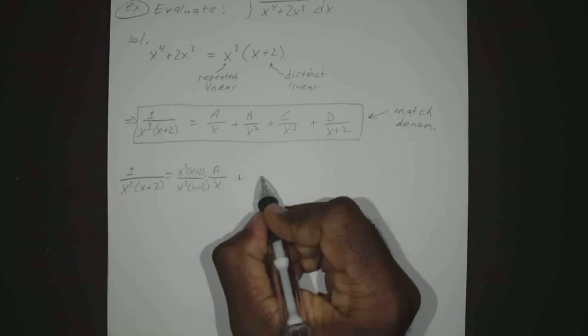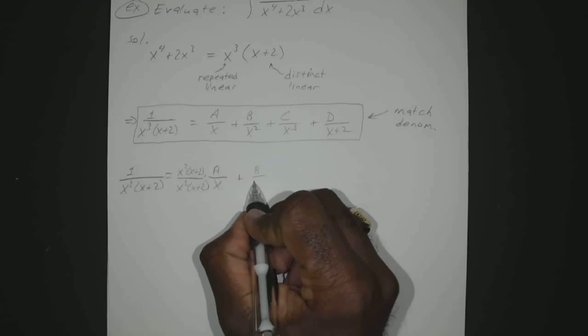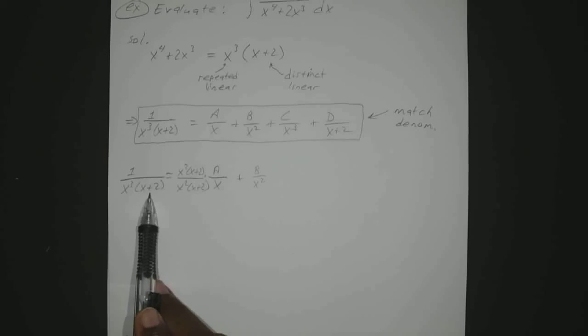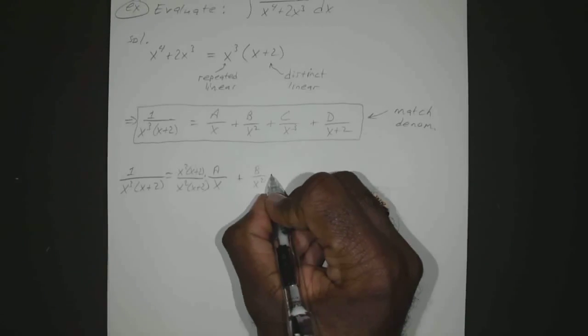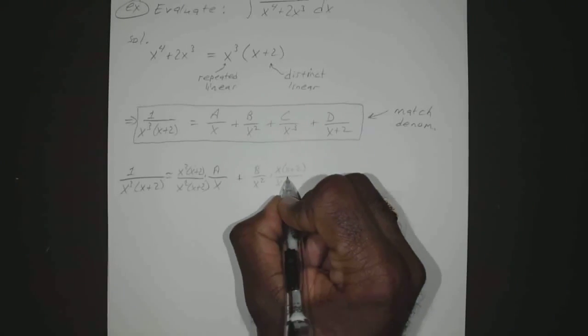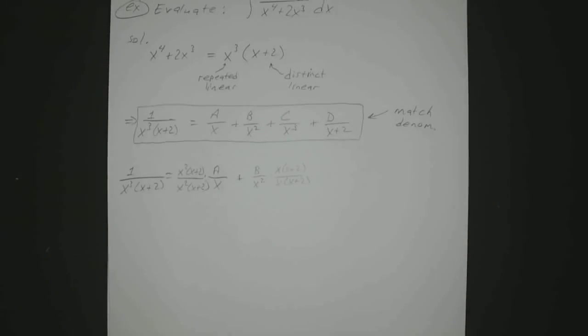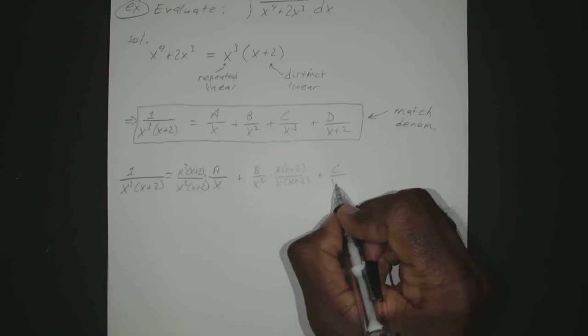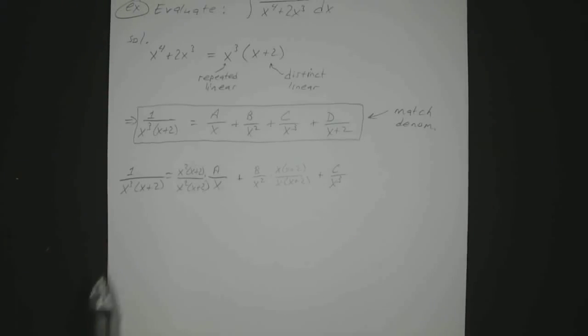Okay, so plus b over x squared. The only thing missing here is an x times x plus 2. Plus c over x to the 3rd. Only thing missing there is the x plus 2.